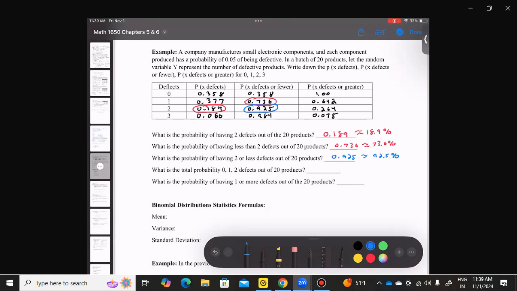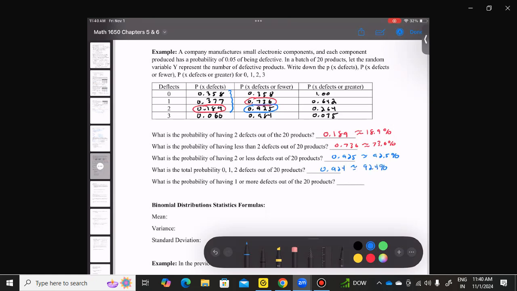What is the total probability of 0, 1, or 2 defects out of the products? So what that is asking is to basically find this total here: 0.358, 0.377, and 0.189. And you get 0.924, which is 92.4%.